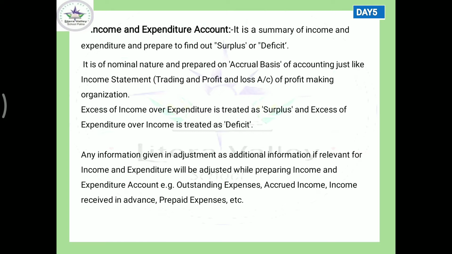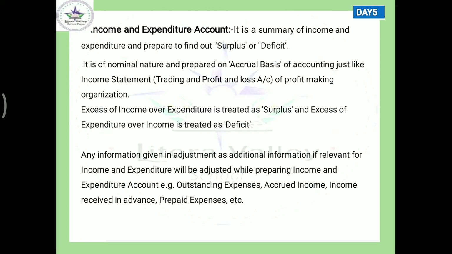You cannot give the output as a profit or loss because the intention of the organization is not profit making, so it is surplus or deficit. If income is more than expenses, the term will be known as surplus, and vice versa, if expenses are more than the income, then a deficit will be recognized.